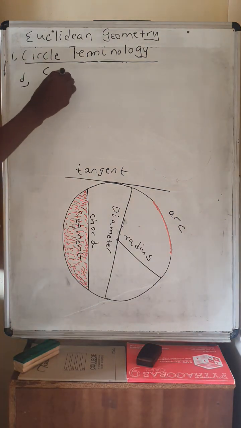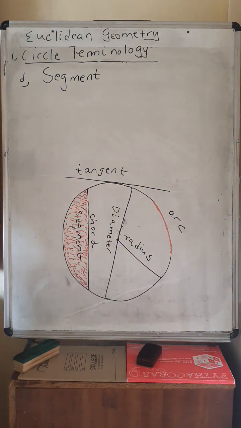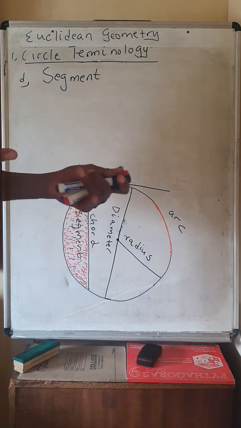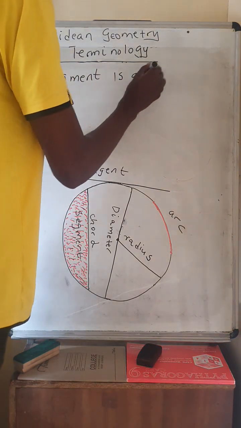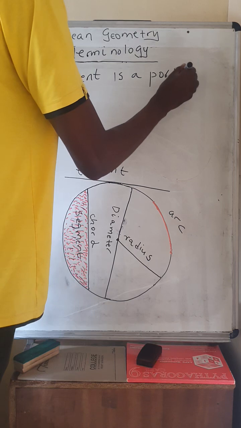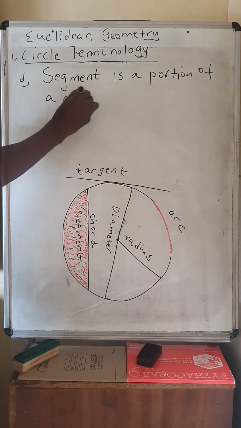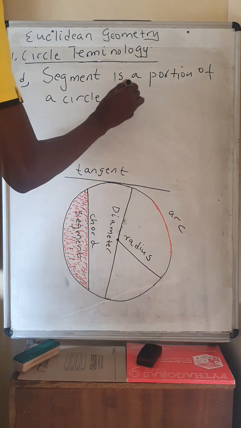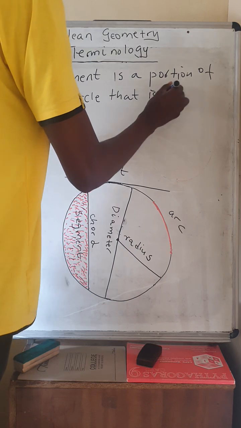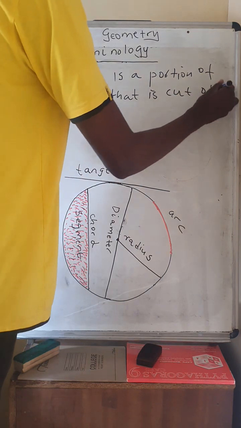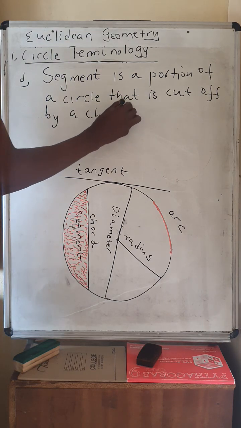How do we define a segment as far as a circle is concerned? We say a segment is a portion. Let me just write it down. A segment is a portion of a circle that is cut off by a chord.